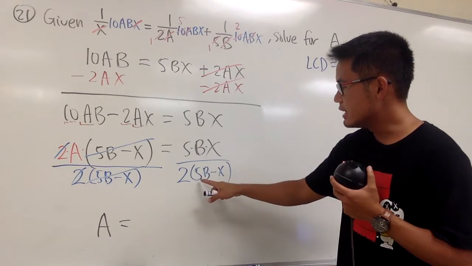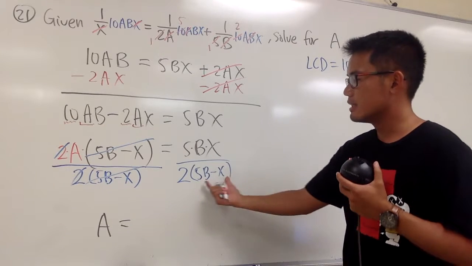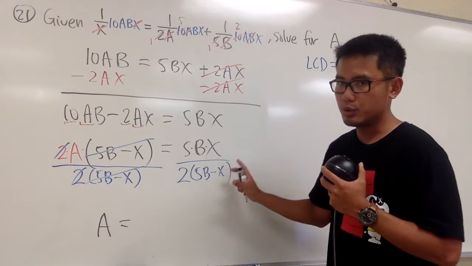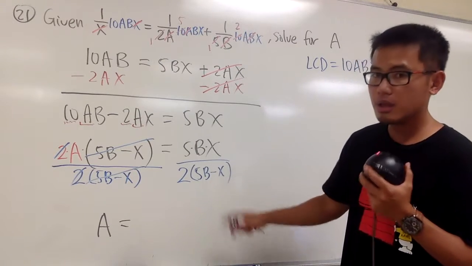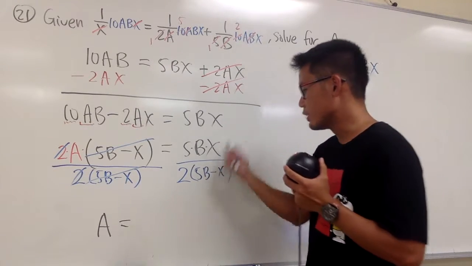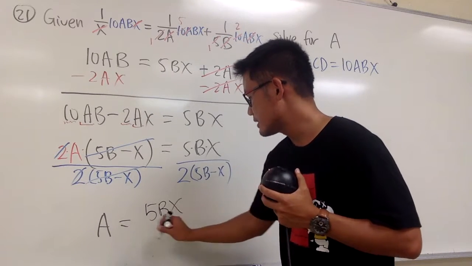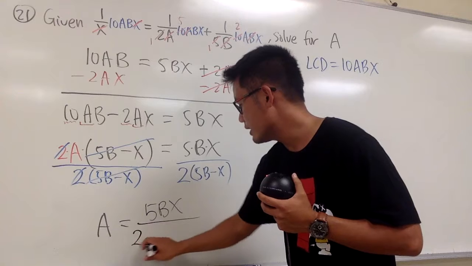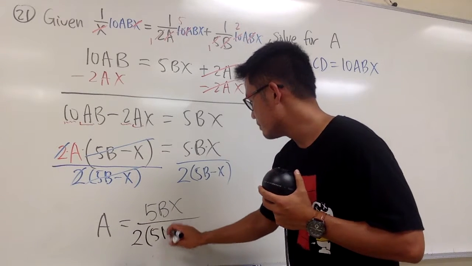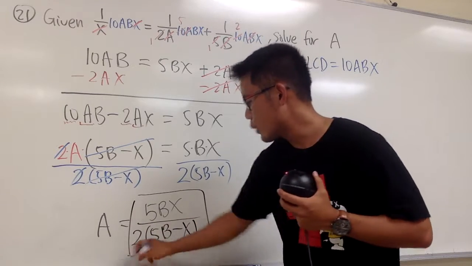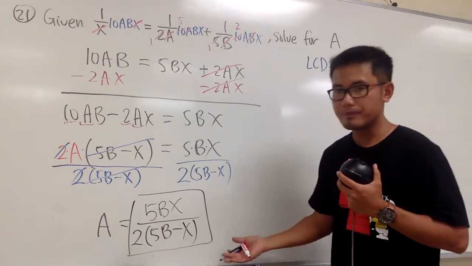On the bottom here, this is 5b minus x. This is a very different factor than any of this. We cannot reduce anything right here. All you have to do is just write it down. On the top, we have 5bx. On the bottom, we have the 2 in the front, and then we have the 5b minus x.